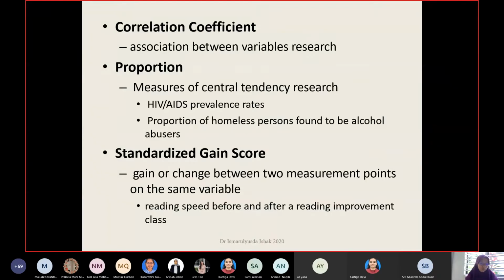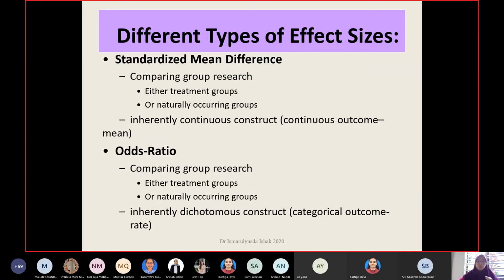Number 2, to compare hemoglobin between two independent groups, maybe between male and female. For number 2, you have to use this effect size, if you are comparing two independent groups.